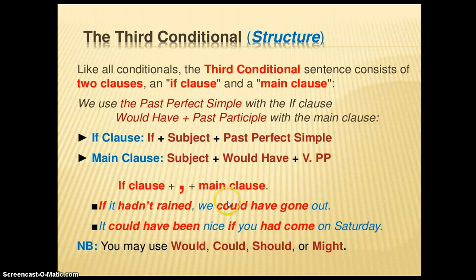That is something that could have happened, but it didn't happen. That is why it is called irreal, because we are referring to something that has already happened, so it is impossible for that to happen again. And instead of could, we could also use would, should, or might, those other modal verbs that we can work with.